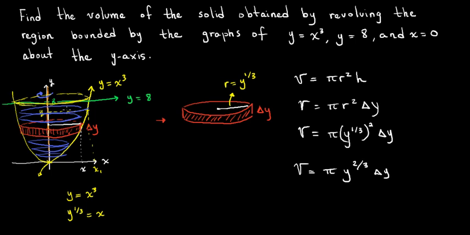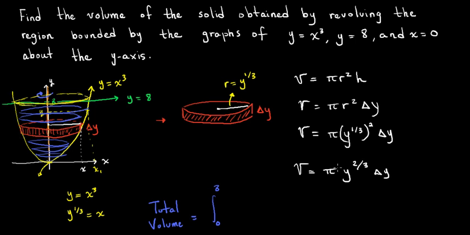We're going to accumulate infinitely many discs, and that calls for the integral. So the total volume is going to equal the integral. Think about where we're starting: we're starting at 0, and the highest this thing ever goes is 8. So we're going to have the integral from 0 to 8.